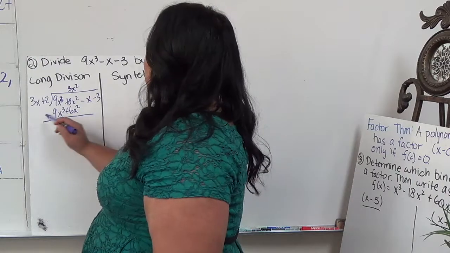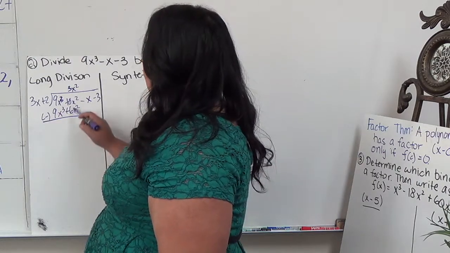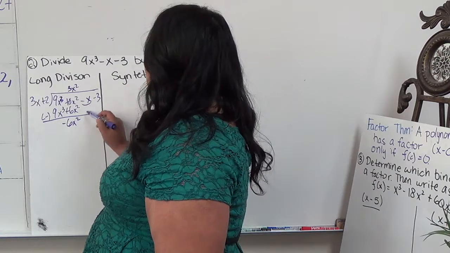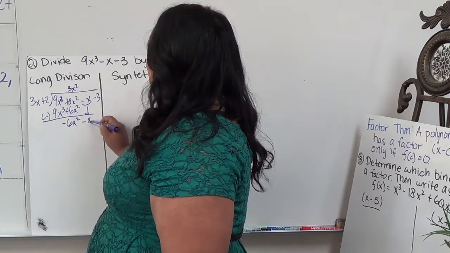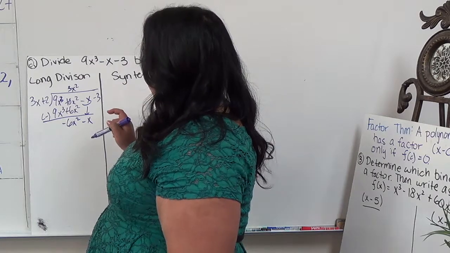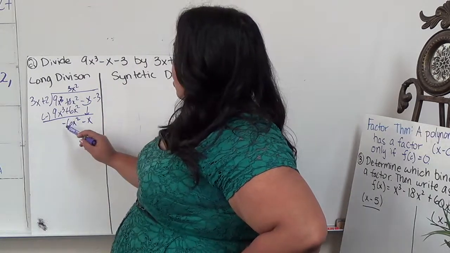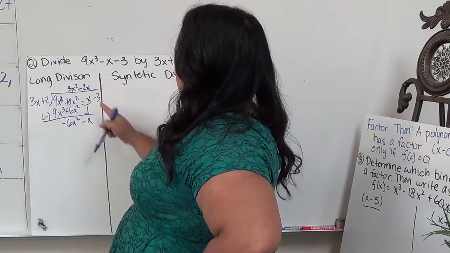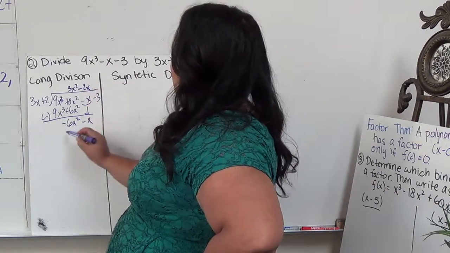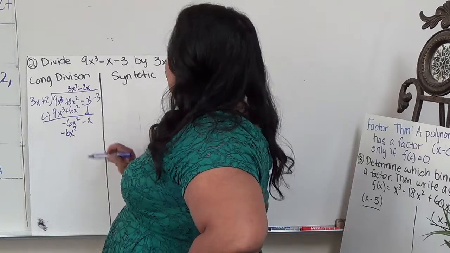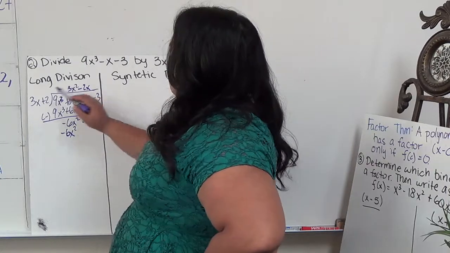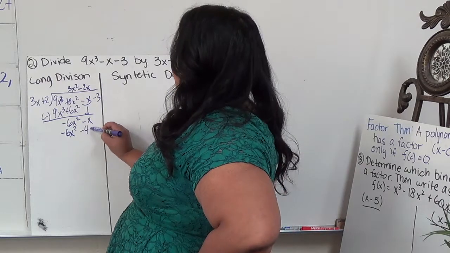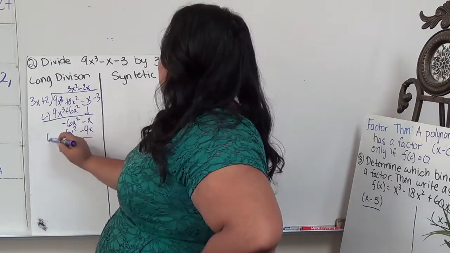And then I subtract. So 0 minus 6x squared is negative 6x squared, and then I'll bring this down, minus x. So from here, I need negative 2x. Negative 2x times 3x gives me negative 6x squared. Negative 2x times plus 2 is negative 4x, and then I subtract.